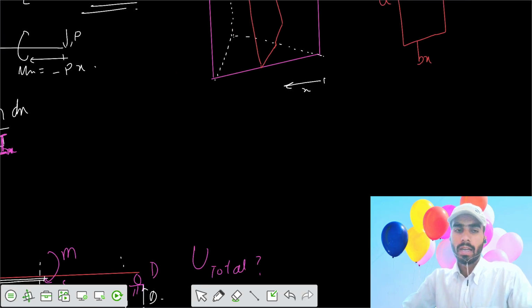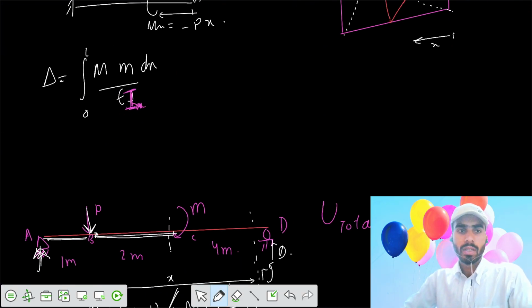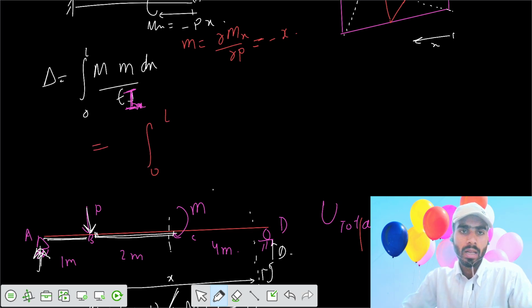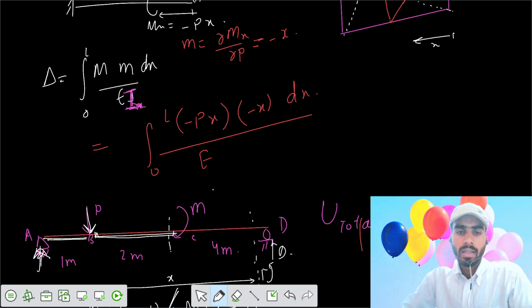So finally we can write the equation here. The value of dou M x by dou P is minus x. So you substitute the values: integral 0 to L of minus Px times minus x dx by E into I, where the value of I was b by L into x into d cubed by 12.